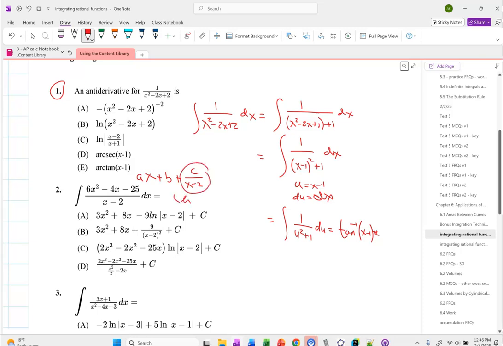That means I'm going to have like C times the natural log of X minus 2. That's the only one that has, like, plus A. Because I know what the answer has to look like, I can avoid having to actually grind through the whole thing.